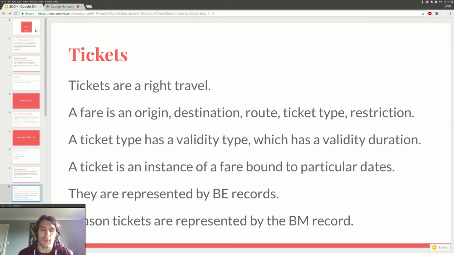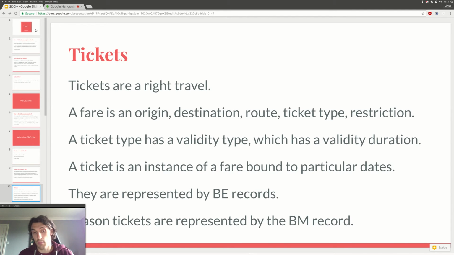So if we have a fare, I think an SOR has a validity of 1 month, then that's fine. That's sort of an abstract thing, a conceptual thing. And we might have a particular ticket with that fare that's valid from the 1st of May to the end of May. And that's when the duration in a period, like a month, becomes a date range. Right, so that's really when you get into having a ticket.